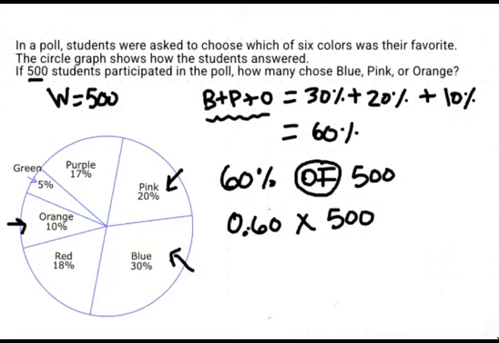Again, 6 times 5 is 30. And we are going to end up again with 300 students. So 300 students is 60% of 500. So using that "of" trick, if you see "of", you multiply. Just remember, turn that percentage into a decimal, multiply 0.6 times 500, and we get 300 students.